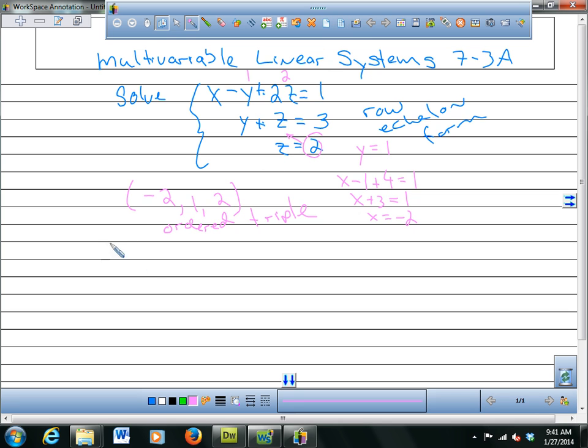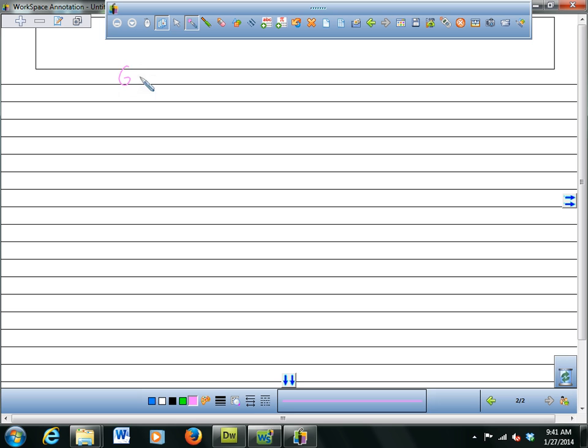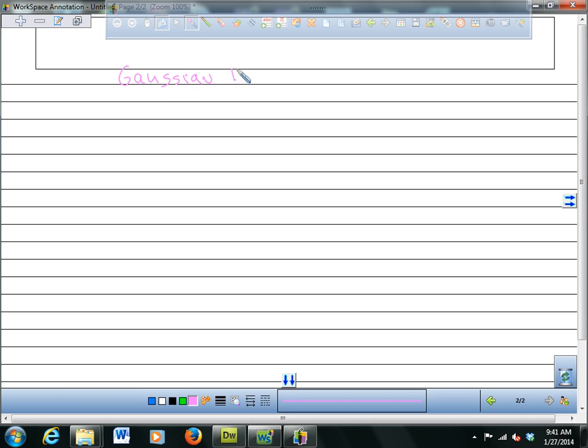Gaussian elimination is the process of transforming a system into row echelon form.